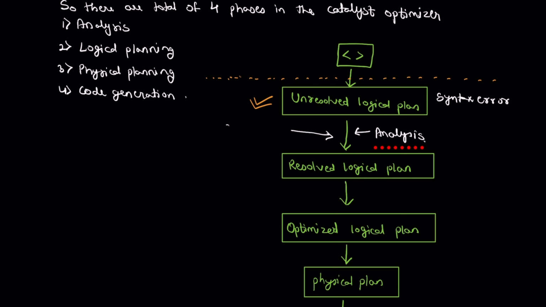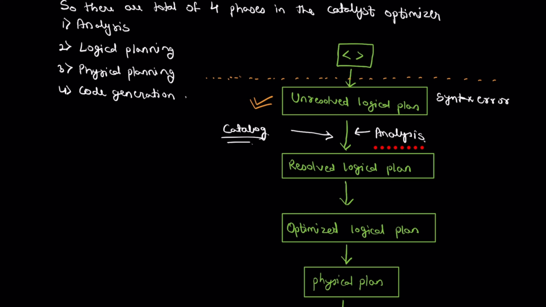So we also have a catalog present over here. So what happens in this stage is the Spark checks whatever we have requested is present in our data. So it would be cross-referencing this catalog. Since the catalog has all the metadata about our data, it will be checking within our catalog. And if we are not able to find that data, it would be giving an analysis exception error.